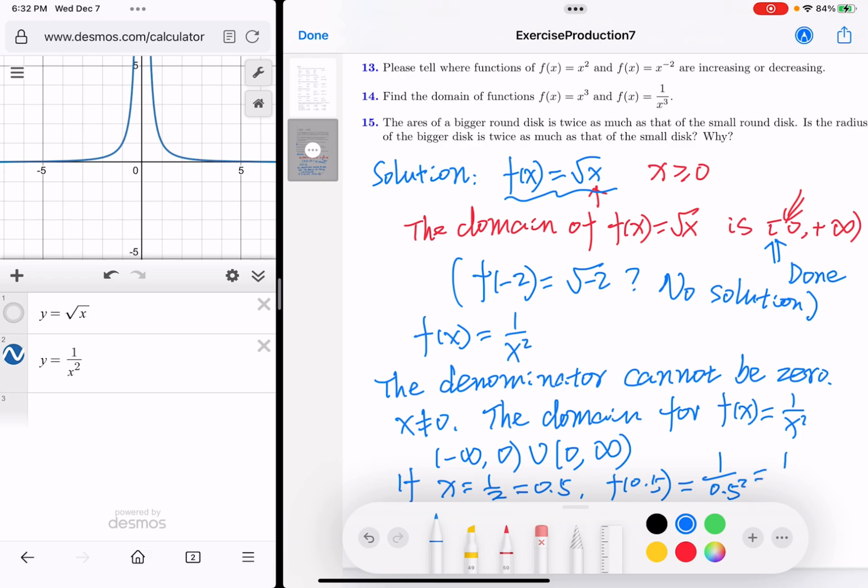What do you get? 1 over 0.25, and that's 4.